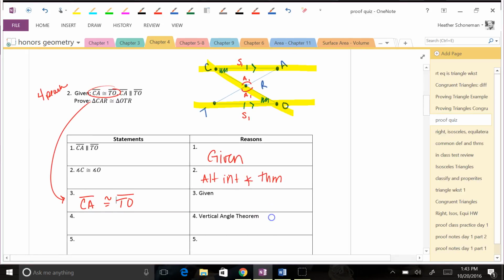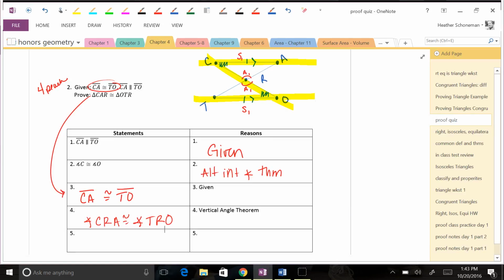With the vertical angle theorem, those vertical angles, R has to be in the middle, so the angle CRA is congruent to angle TRO. Now that you've got your facts in there, because if you counted, here's 1 congruent, 2 congruent, 3 congruent. Now you can say the triangles are congruent, and your proved line has to match this one exactly. So you have CAR is congruent to OTR, and the method that we used was angle, angle, side.